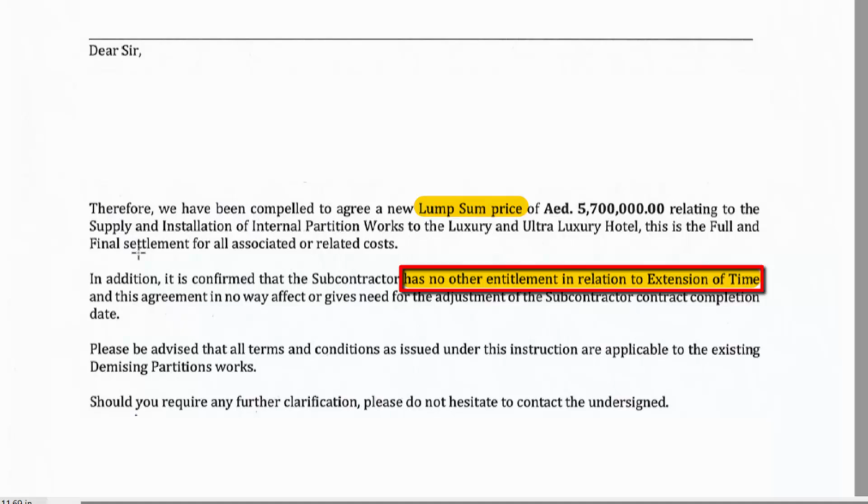We have two things, time and money. It is confirmed that the subcontractor has no other entitlement in relation to extension of time. This extension of time is about the time frame, from when to when this project will be finished. So this is the cost limitation and this is the time.